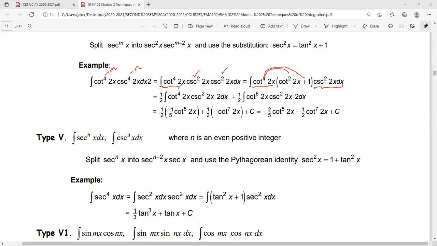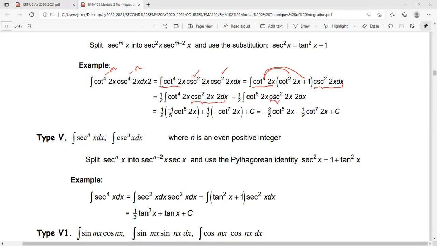So you have your cotangent to the fourth of 2x, which is for the 1, and this one is cotangent to the sixth of 2x. It's the second term in here. Now interchange anyway, the derivative is still well placed.